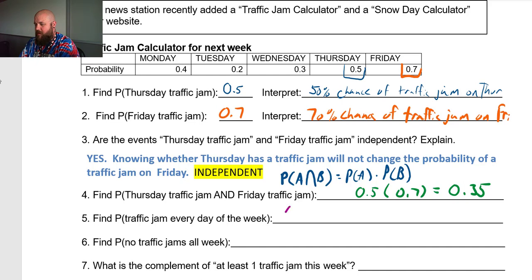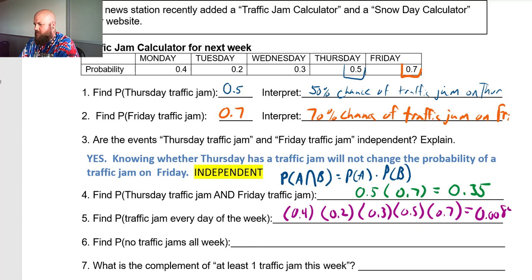So we should have Monday of 0.4, Tuesday of 0.2, Wednesday of 0.3, Thursday is 0.5, and Friday is 0.7. Again, you put that in the handy dandy calculator, you should get 0.0084.